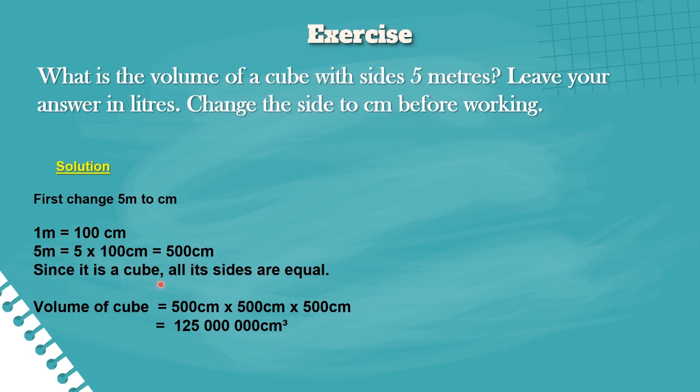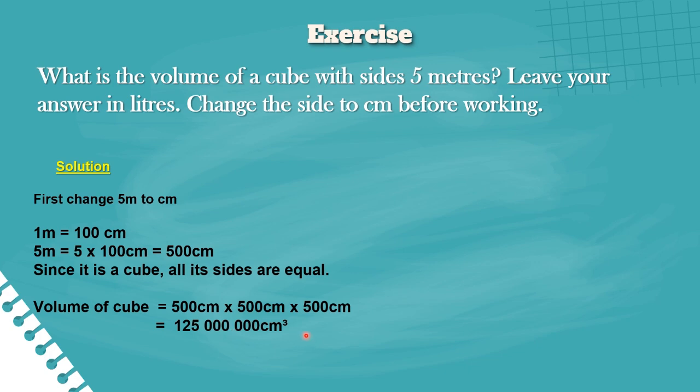Since it is a cube, all its sides are equal. So the length is 500 centimeters, the breadth is 500 centimeters, and the height is 500 centimeters. Just multiply the 500 centimeters in 3 places, and our answer will give us 125 million. Or you can say 5 times 5, 25 times 5, 125. Then you add all the zeros here: 1, 2, 3, 4, 5, 6, 6 zeros.